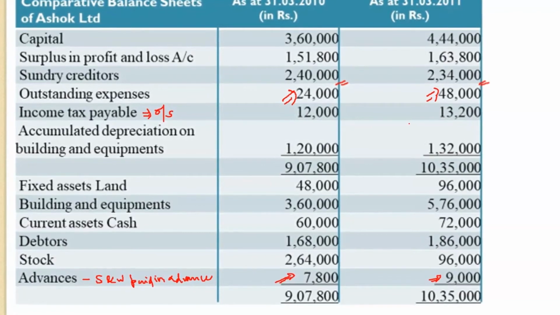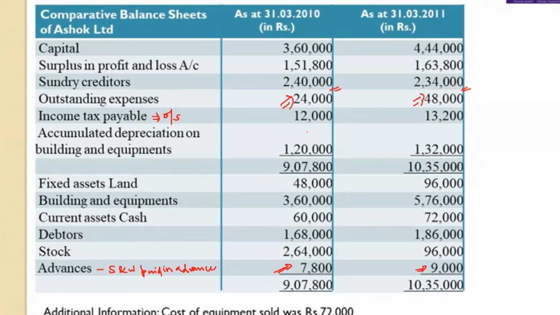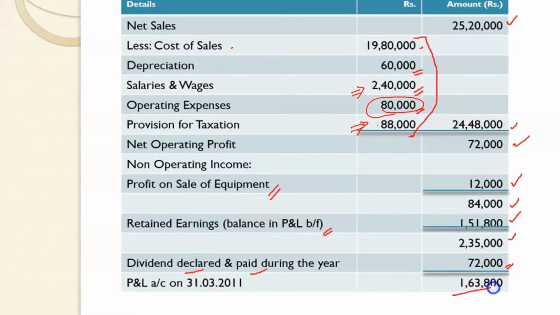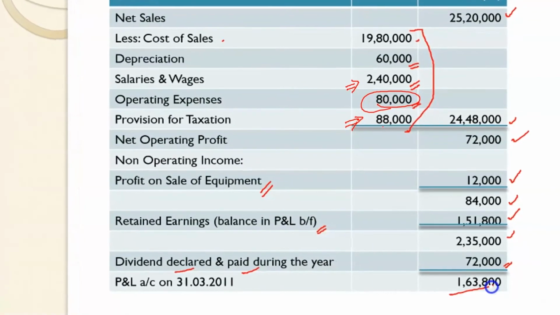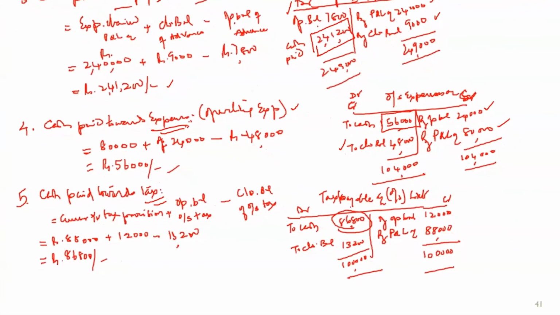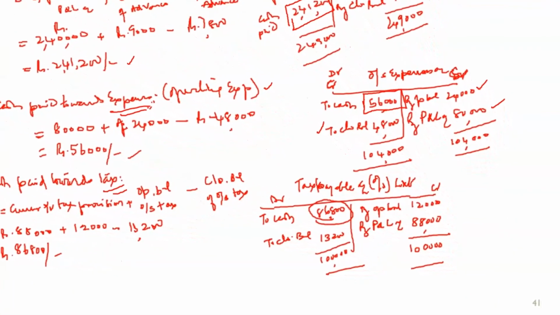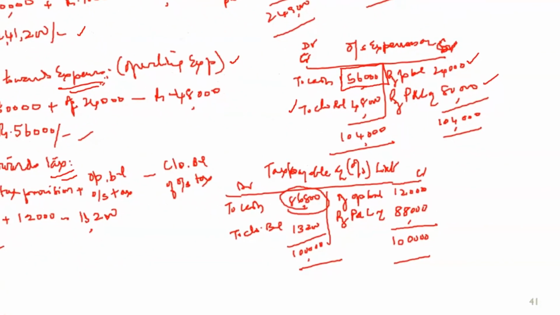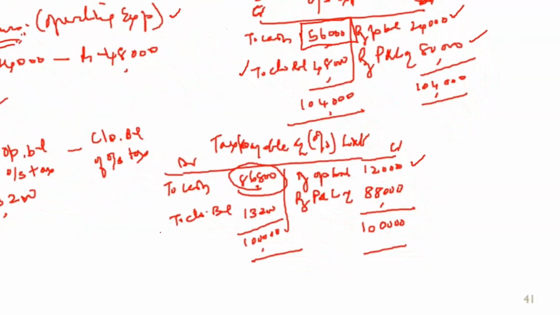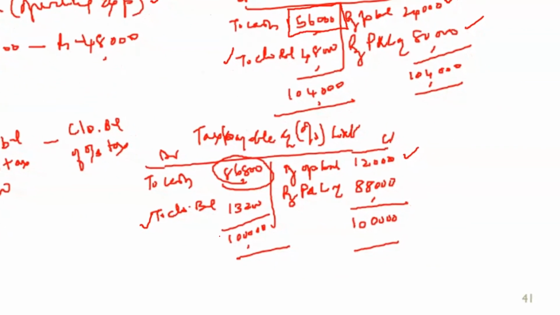So using this information, the opening and the closing balance of tax payable and the current year provision, we have to calculate the amount of tax paid. So when you open the tax payable outstanding account, being a liability item, the opening balance will come on the credit side, the closing balance should be debited.